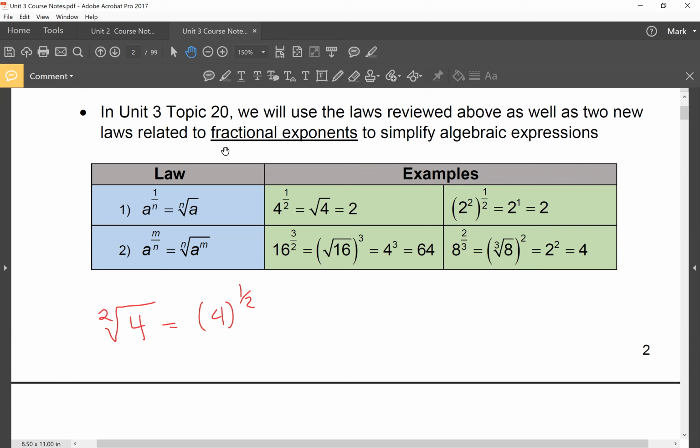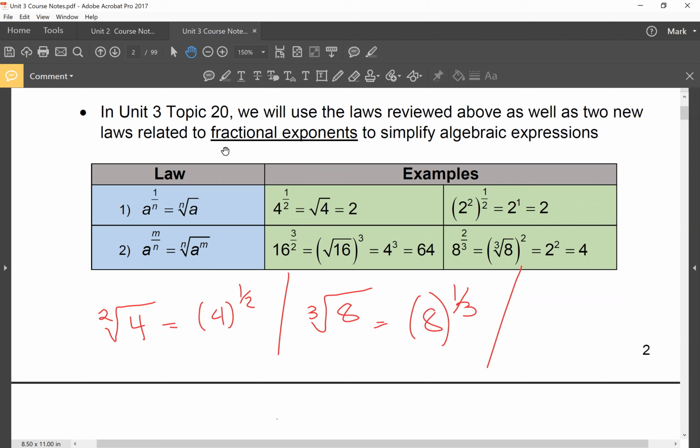So what about a cube root? Let's take the number 8. If I take the cube root, this would be 8 to the power of 1/3. Again, I'm just making up numbers.